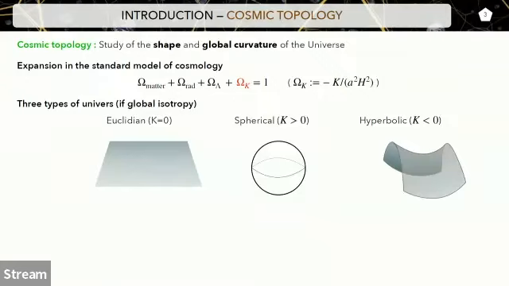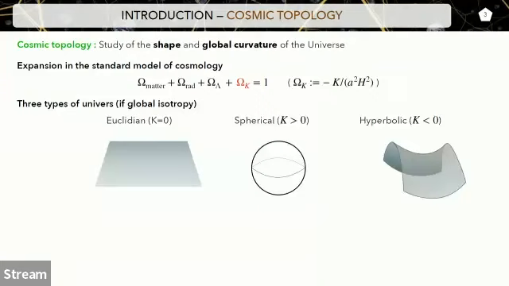To understand a bit more what is meant here, we can take the simple example of the standard model of cosmology, in which we have three possibilities for our universe: either Euclidean, spherical, or hyperbolic, and that are characterized by what we call the spatial curvature, and more precisely the sign of this curvature, this parameter k here.